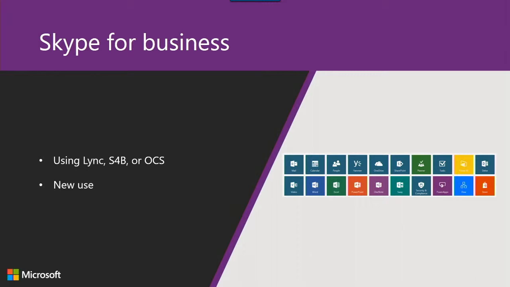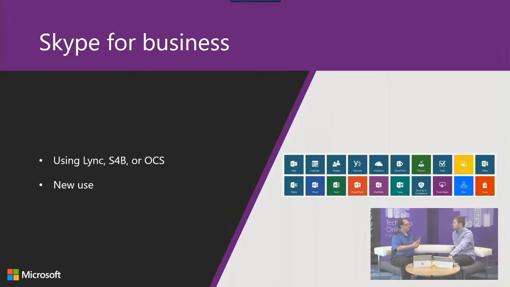That's a bit more complicated, because your Skype for Business account is connected to your Active Directory account, so it uses your email address. Unfortunately, there's no way of migrating it over as such. You actually have to unlicense a user on premise, and then put them into Skype for Business.